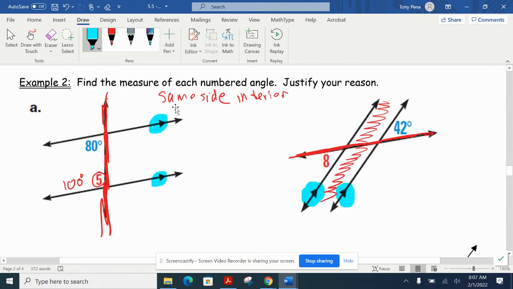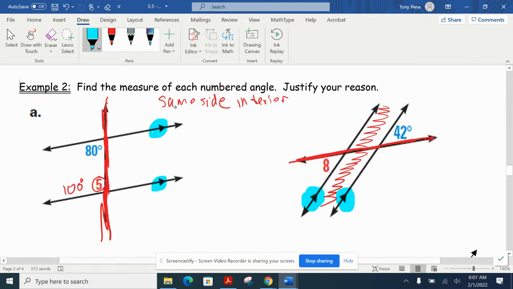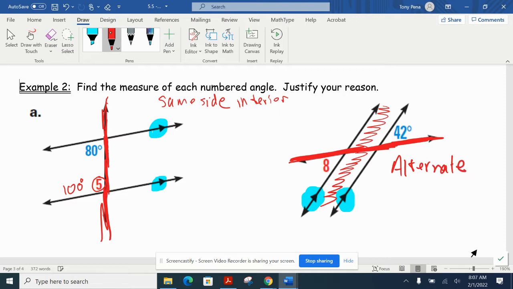So if we look at that, the red line is your transversal. Are they on the same side or the opposite side of this transversal here? What is it? Good. These are on opposite sides. So these are alternate. Opposite meaning alternate. That's what alternate means. And then they're outside of the shaded region. So they're alternate exterior angles.